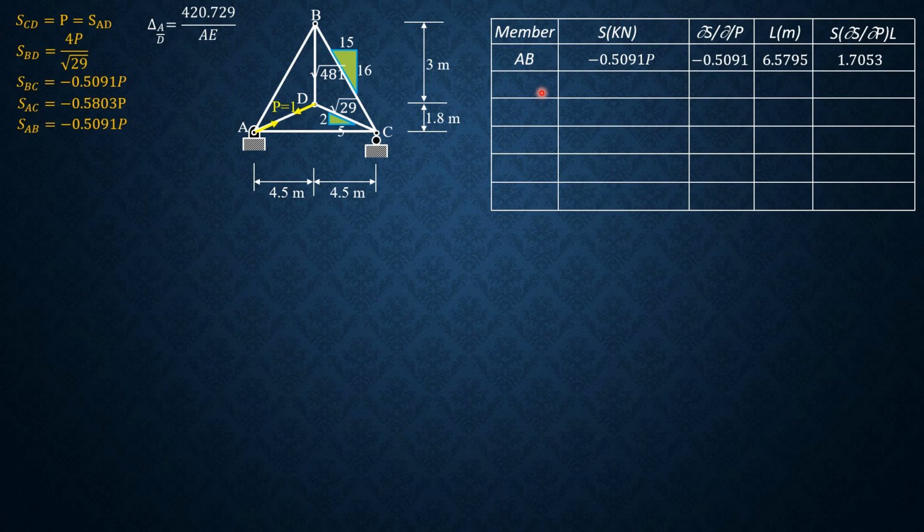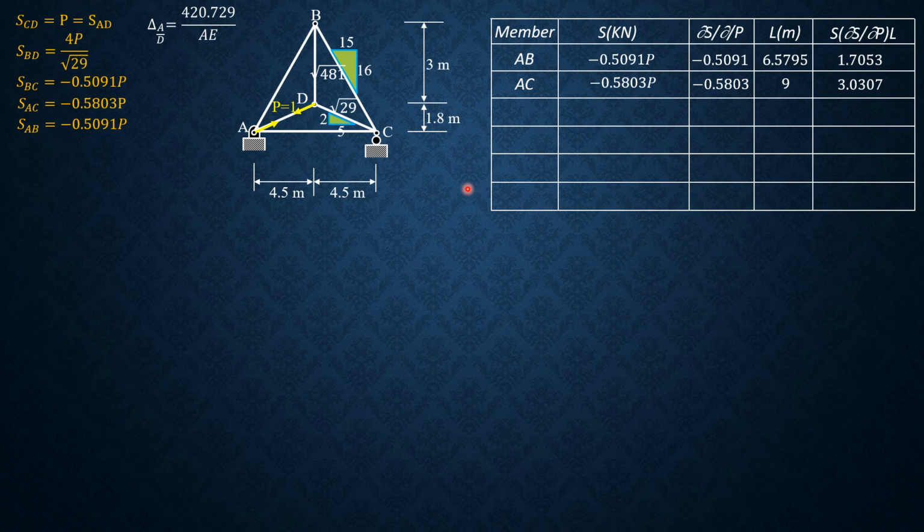Then AC, so negative 0.5803P, partial derivative negative 0.5803, length is 9, and the product after setting P to 1 is 3.0307.